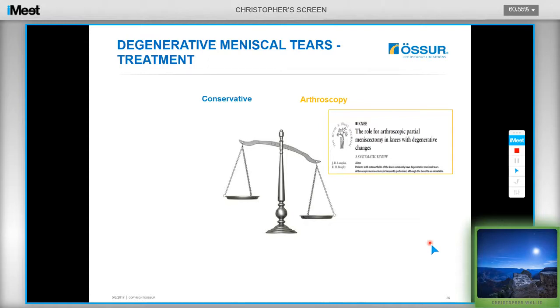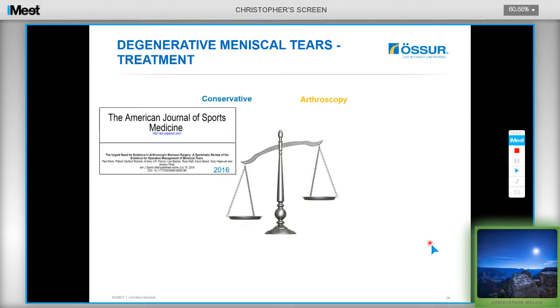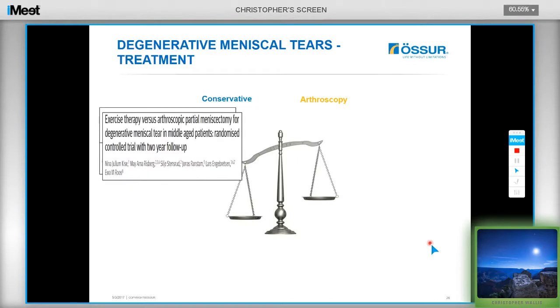So whilst we have these surgical and conservative treatment options, and historically, I guess, we've all seen patients where they've had a meniscal injury and they've just had the complete meniscus removed, so a total meniscectomy. It's not really that long ago that was a common procedure. But more and more, we are seeing a real shift towards conservative management of these degenerative meniscal tears.